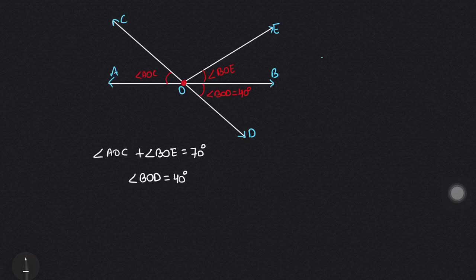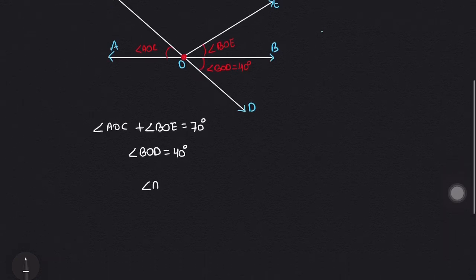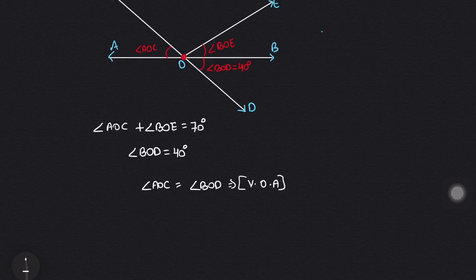So if AB and CD intersect at point O, angle AOC is equal to angle BOD. The reason is these two angles are vertically opposite angles. So angle AOC is also 40 degrees.